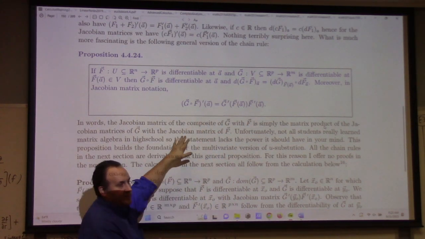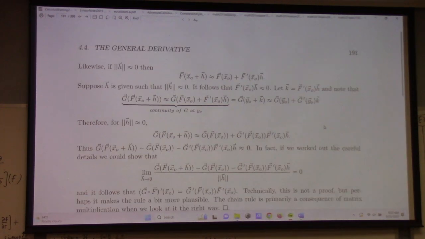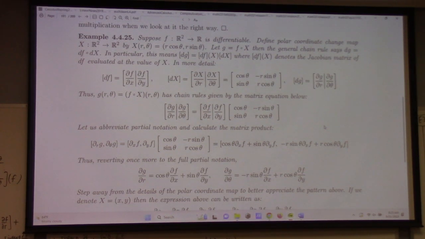And this matrix formula produces all of the chain rules that we see in this course, every last one of them. And here's how that goes. This is the proof of the chain rule, but we don't care about that so much. Here's one.